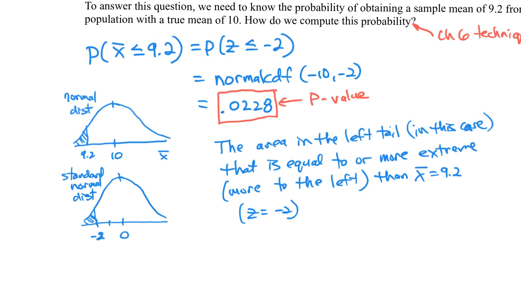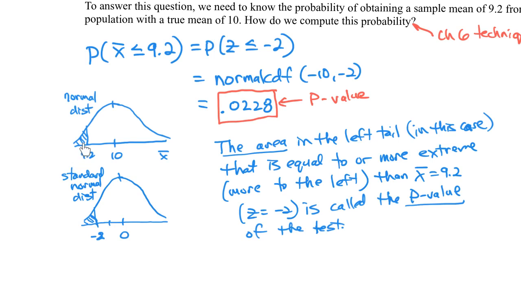And this area, the area in the left tail that is equal to or more extreme than this or this, is called the p-value of the test. Of which test? The hypothesis test.